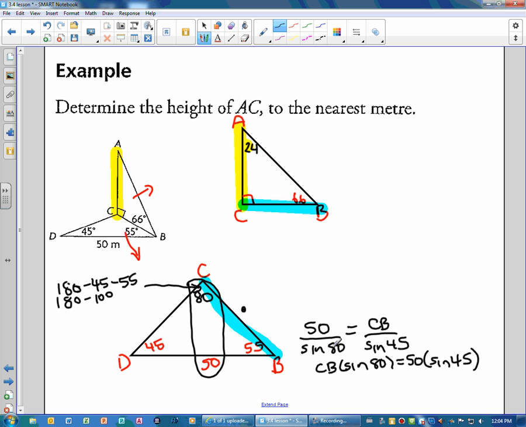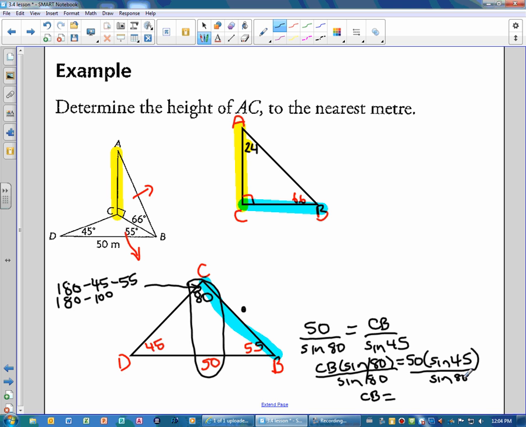Cross multiply. So CB sine 80 equals 50 sine 45. CB is what I want to find, so sine of 80 has to go. So divide both sides by the sine of 80. That cancels, leaving me CB. CB is 50 times the sine of 45 divided by the sine of 80.